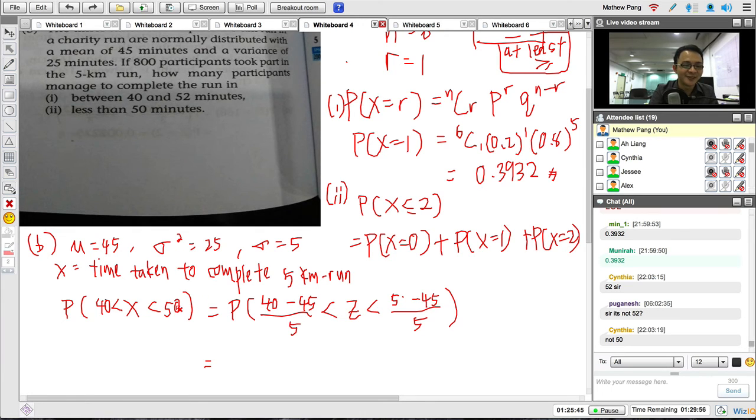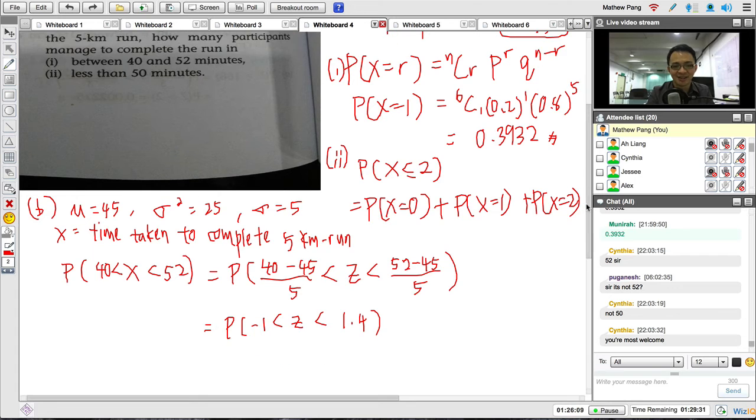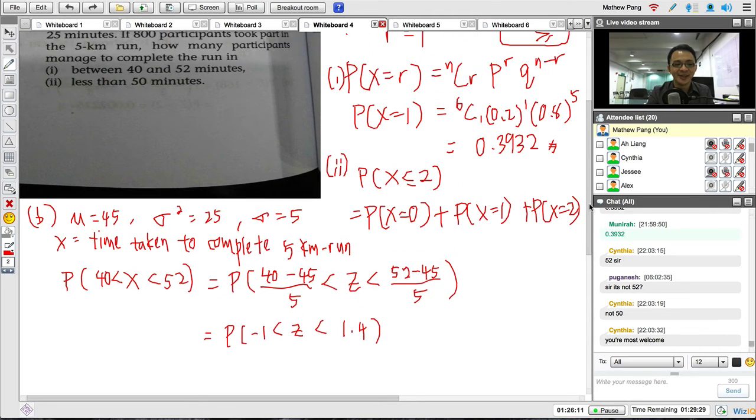Yes, thank you for that. Let me just erase this one. Okay, this is 52. So negative 5 over 5 is negative 1, and 7 over 5 is 1.4. Sometimes just trust the calculator rather than our brain.